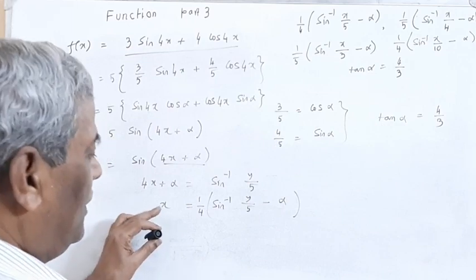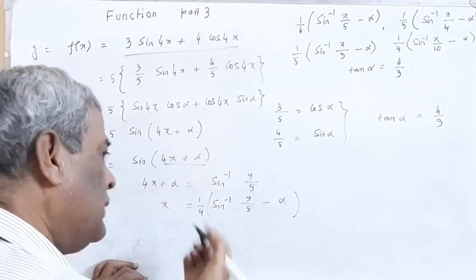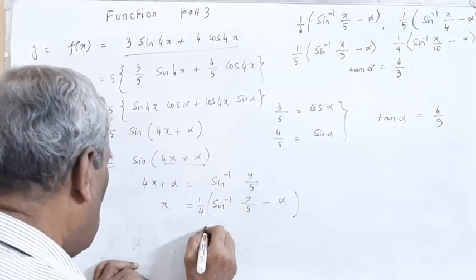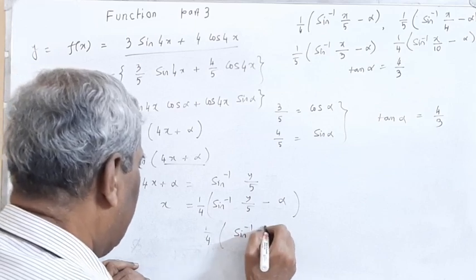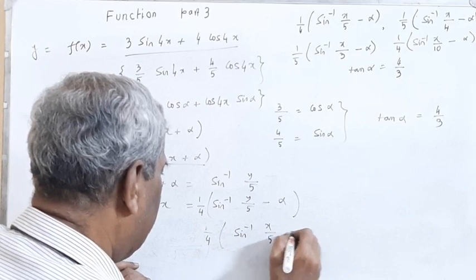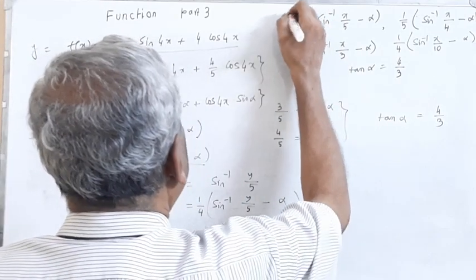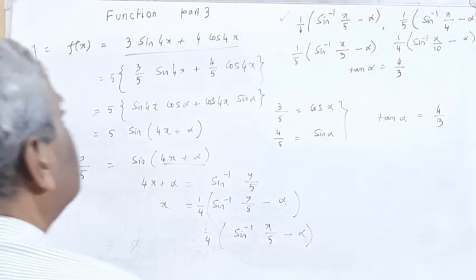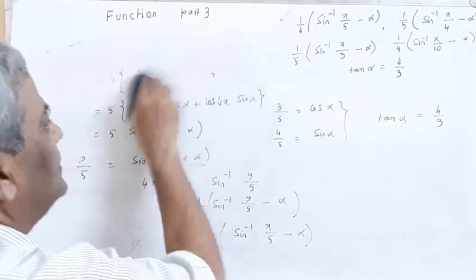So the inverse function, expressing y in terms of x, is 1 by 4 sin inverse (x by 5) minus alpha. So I think the first option is correct. Now, next problem.